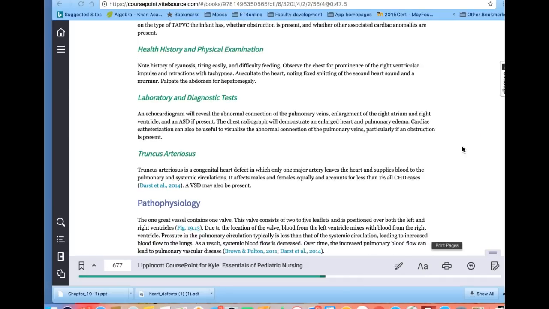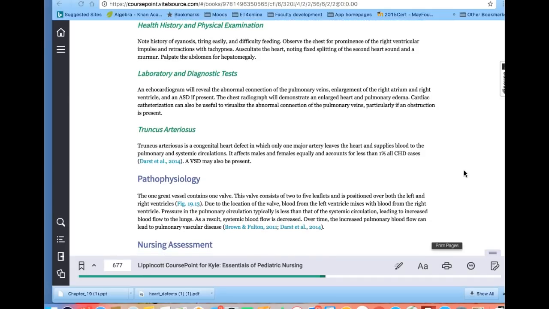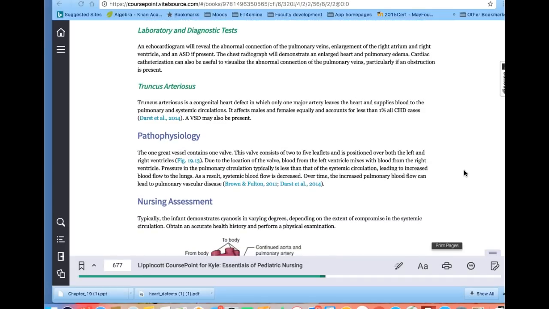Truncus arteriosus. It is a mixed defect. This is pretty rare as well. It's only one major artery leaves the heart. Okay, less than 1% of all congenital heart defects, and it affects males more than females. This is, again, one that surgery is going to have to be performed pretty quick, and they may have to have more than one surgery.